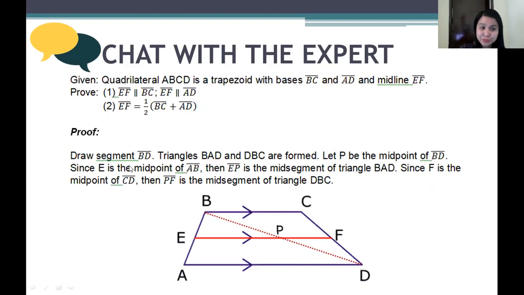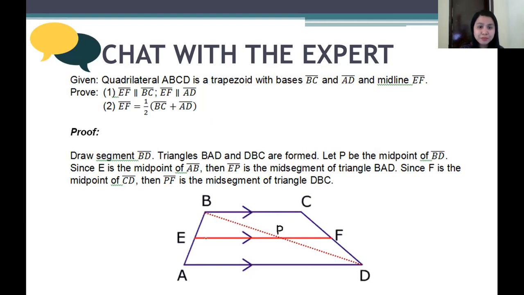Here's the proof. In your workbook today, in your quiz number 29, you need to have this in a 2-column proof. So listen, how are we going to do this? Quadrilateral ABCD is a trapezoid with bases BC and AD, and the midline is EF. What do we need to prove?